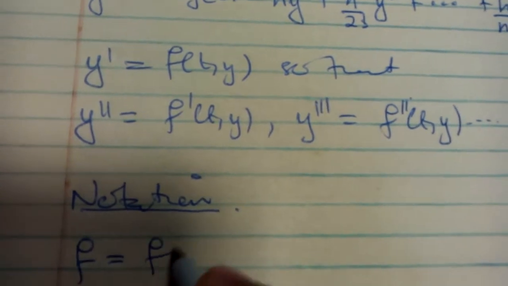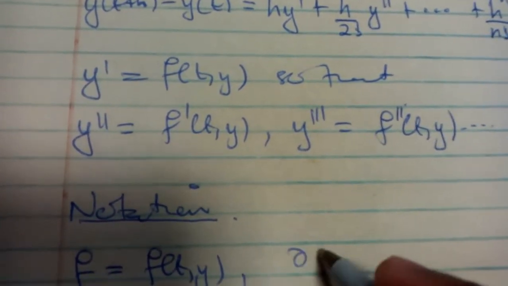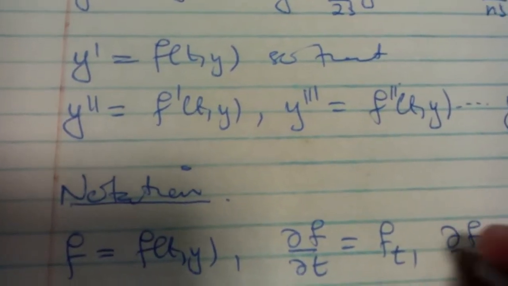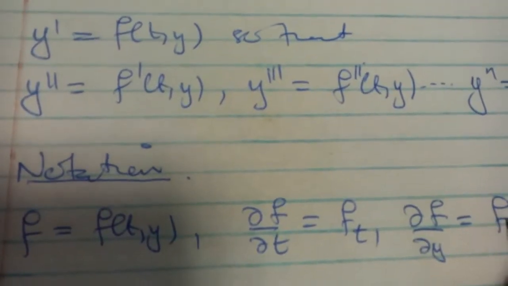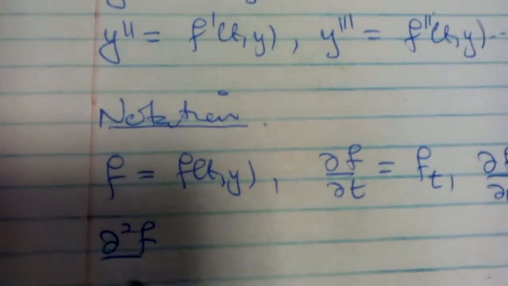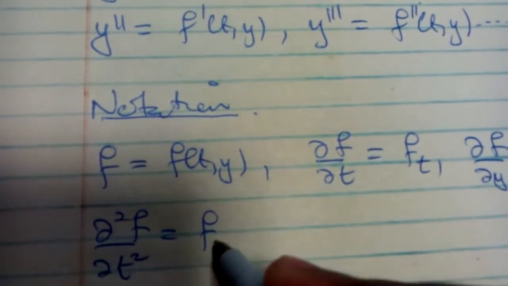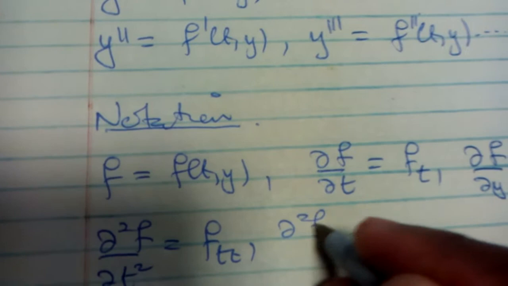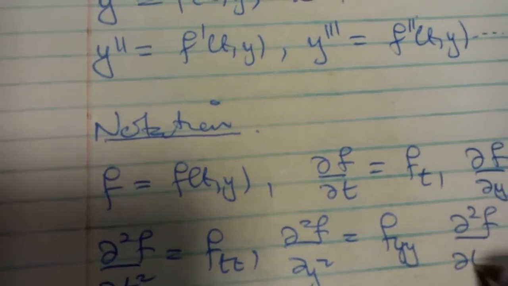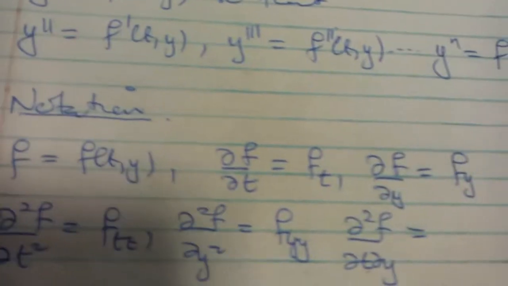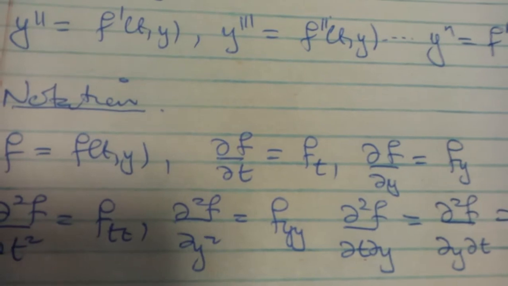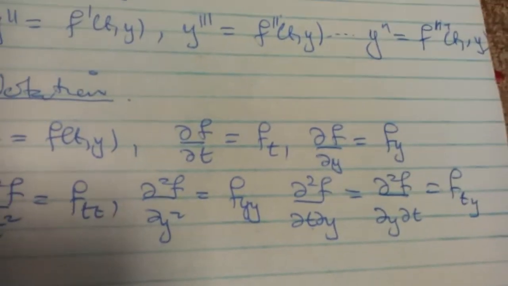Take f to be f(t, y), and partial f partial t to equal f subscript t, partial f partial y will be given by f subscript y, then partial squared f partial t squared given by f_tt, and partial squared f partial y squared given by f_yy, partial squared f partial t partial y, which is still equal to partial squared f partial y partial t, is equal to f_ty or f_yt.